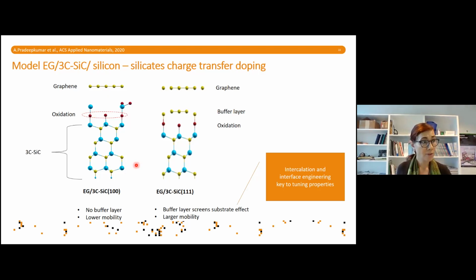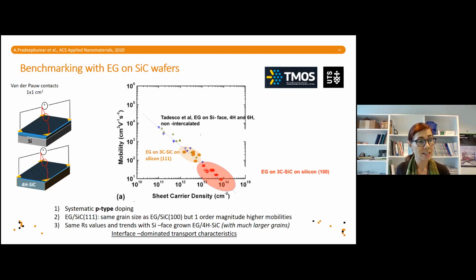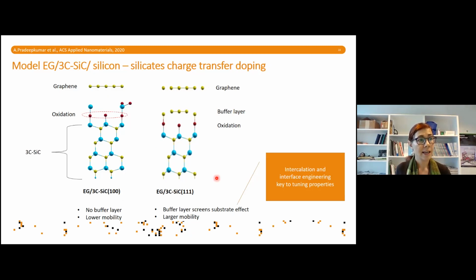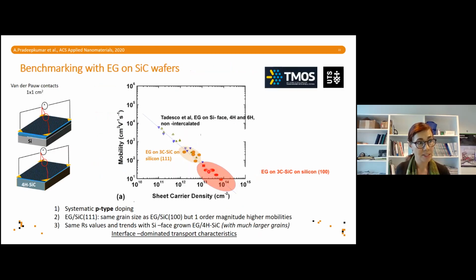This is why we found that with the 100, we are basically down here, with very high sheet carrier density. These are numbers that we could confirm by DFT. And the reason we have slightly lower positive charge transfer into graphene in this case, the 111, is because we have a buffer layer. That helped us move this a little bit higher here.